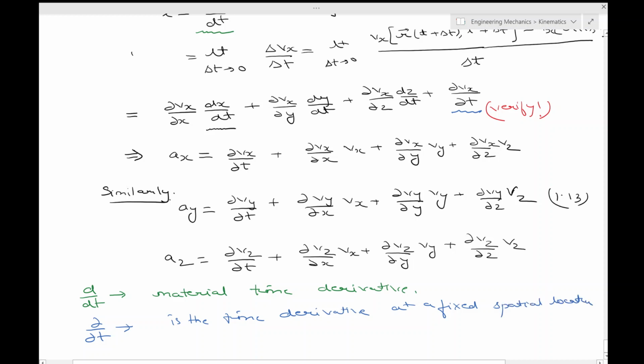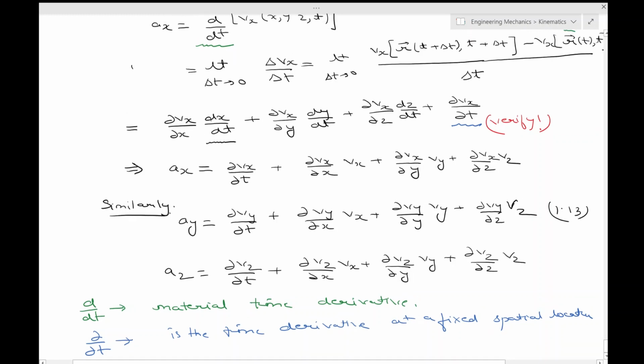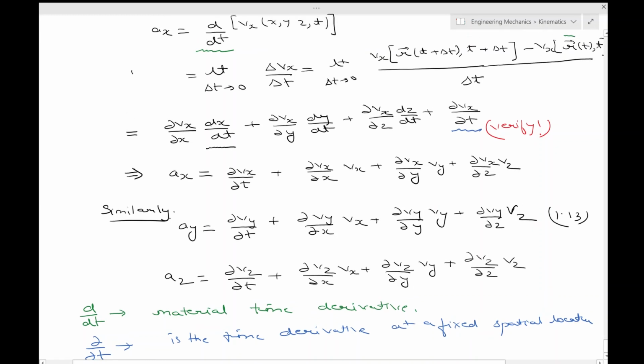This partial and ordinary differentials distinction should be clear to you by now. If not, I have highlighted to you with the green and blue ink accordingly.